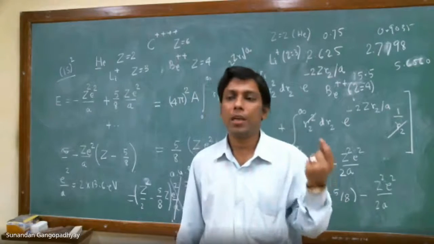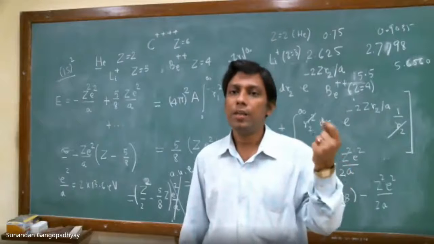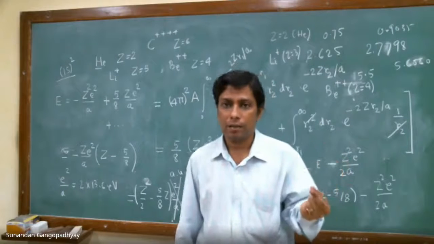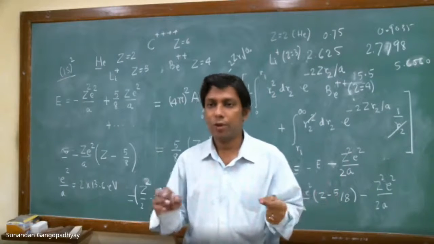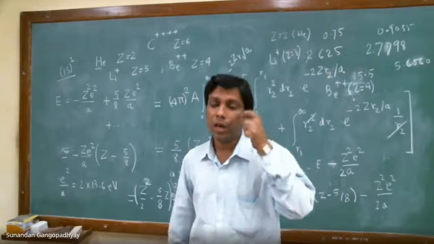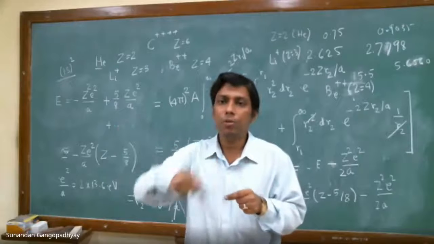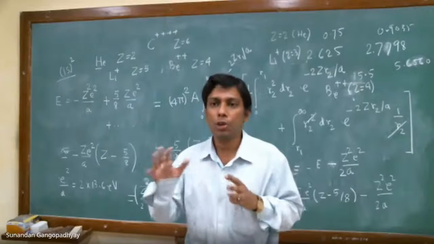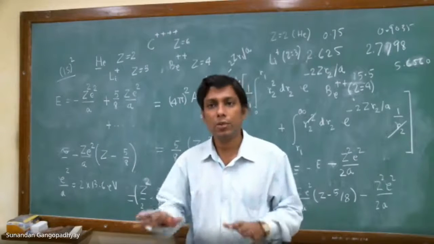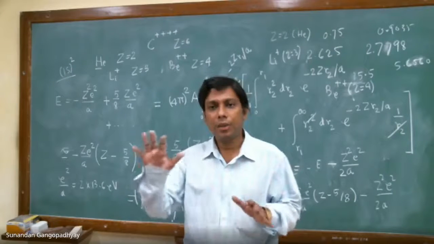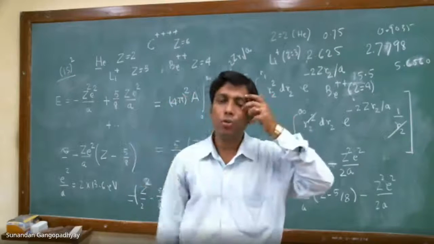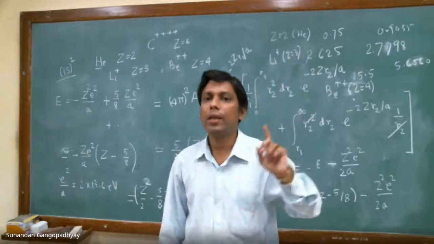What is that potential energy? It is minus Z e square by r. An electron sitting at a distance r from the nucleus experiences a Coulomb potential energy of minus Z e square by r, and the repulsion between two electrons is e square by r12.